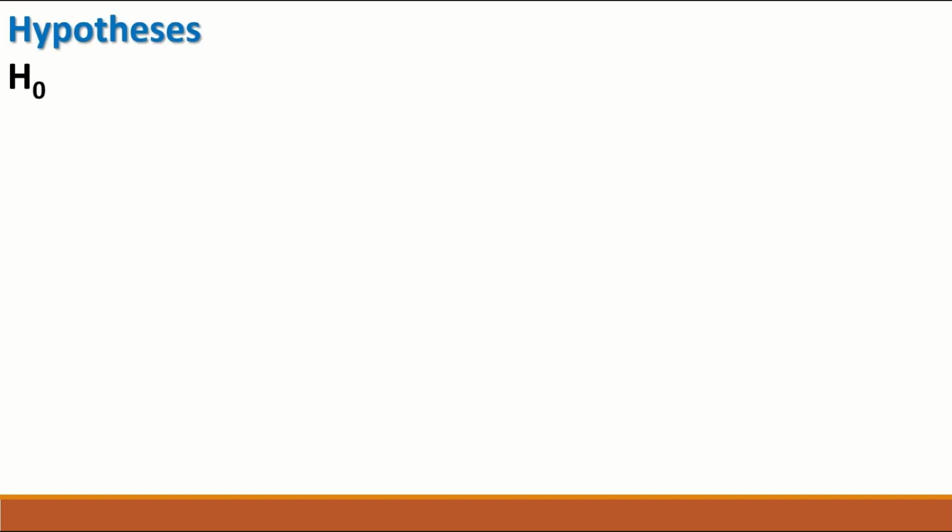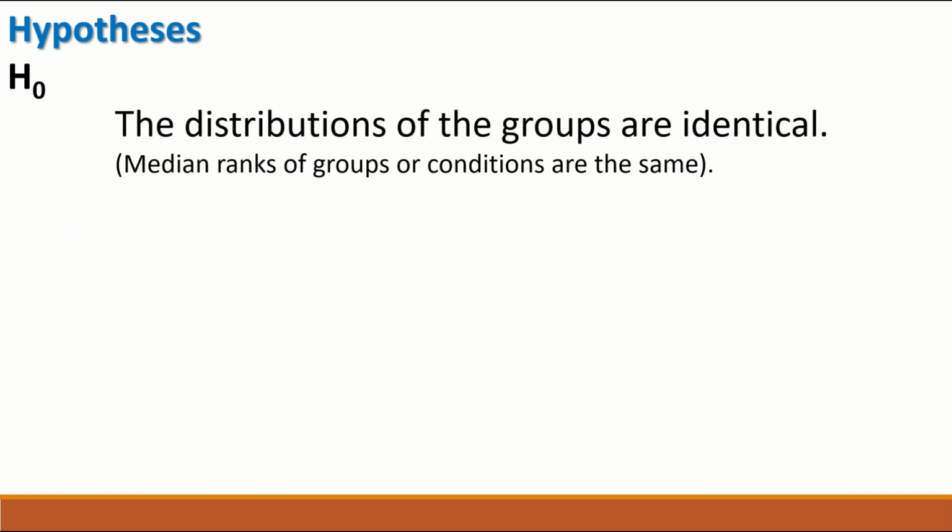To perform the Friedman test, the alternative and null hypotheses have to be generated and stated. The null hypothesis will state that the distributions of the groups are identical, which means the median ranks of groups or conditions are the same.